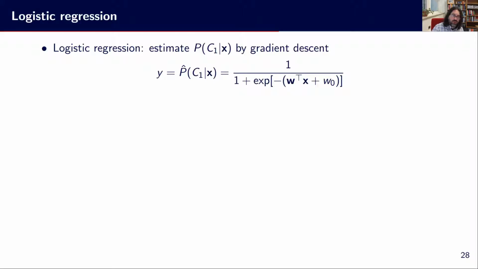So we are no more trying to estimate the vector means and the covariance matrix. We are looking to estimate directly the W and W0 to use to get a good classification, also good posterior probability estimations from our sample set.